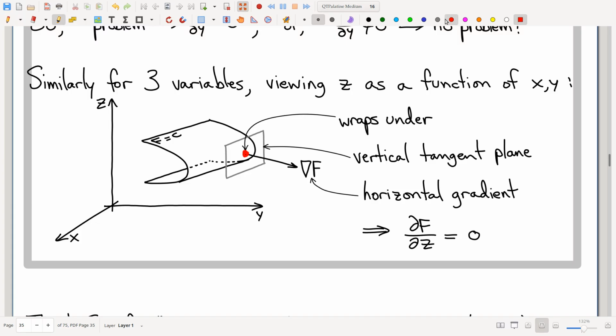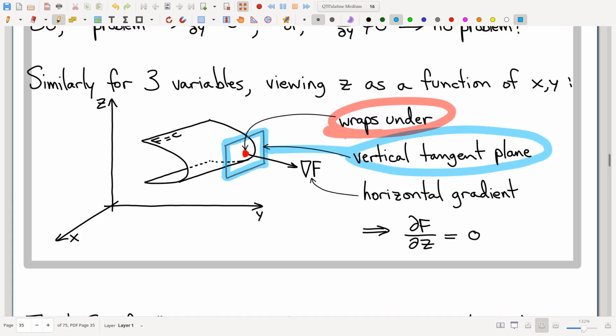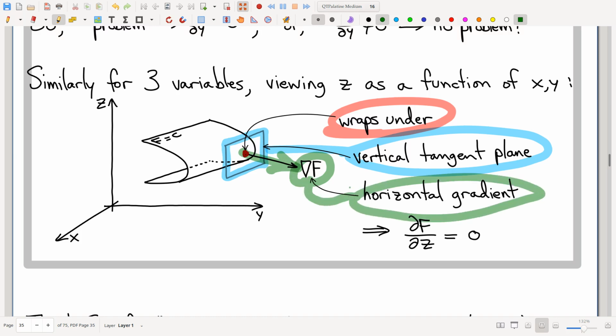The problem happens when the surface is wrapping under itself. It's wrapping under itself when it has a vertical tangent plane. Don't forget these are level sets. And then a vertical tangent plane means a horizontal gradient. Wait a second, what's a gradient? Gradient is all the partials. If it's horizontal, that means the third one is 0.